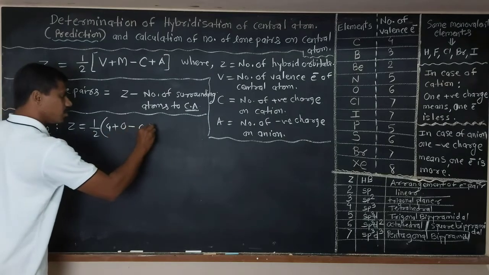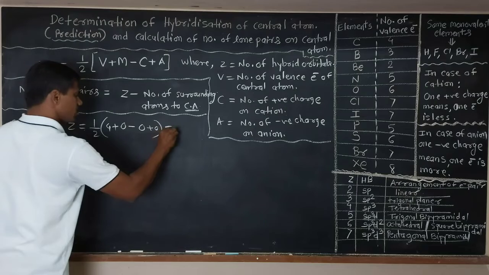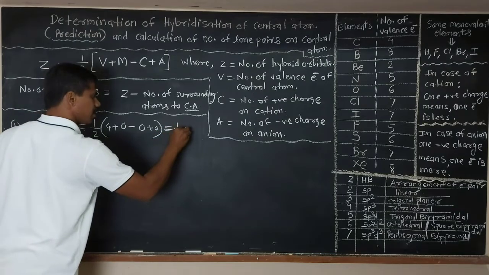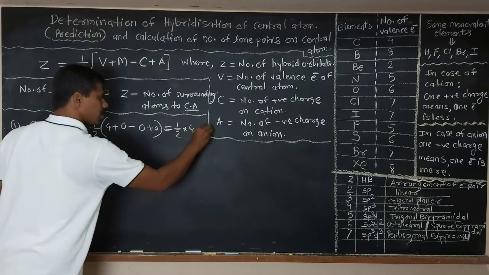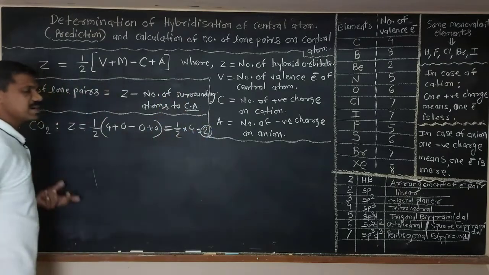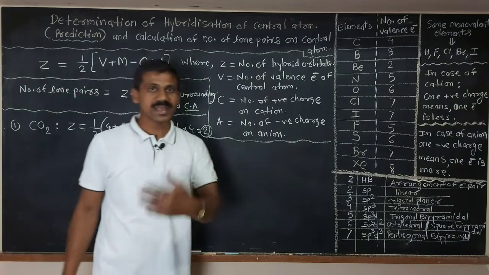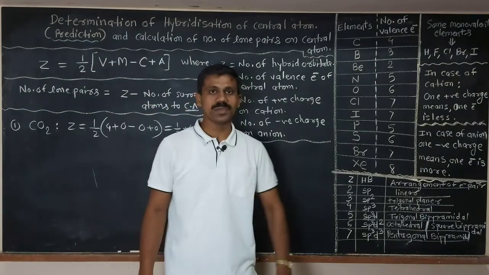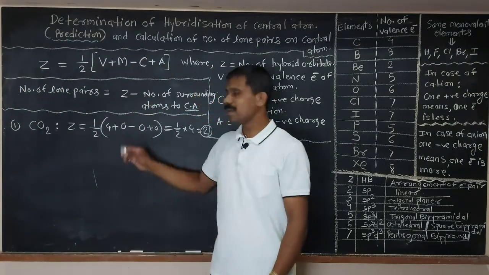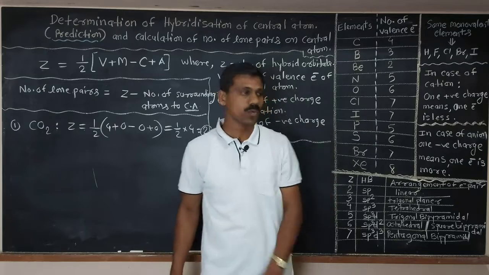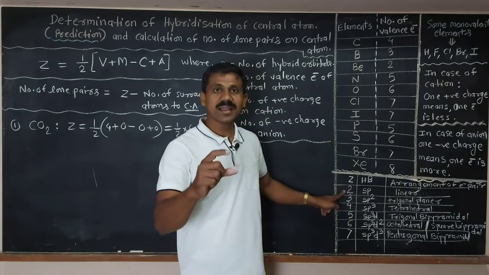So Z is equal to 1/2 into 4, which is 2.